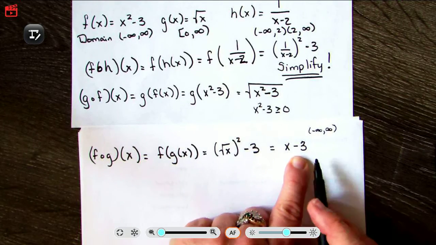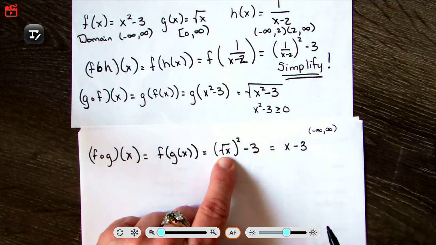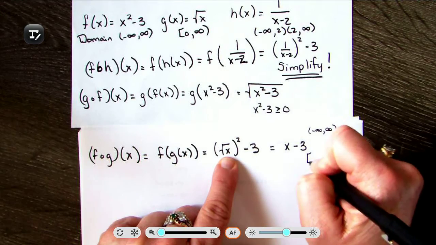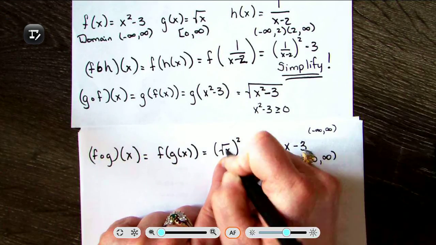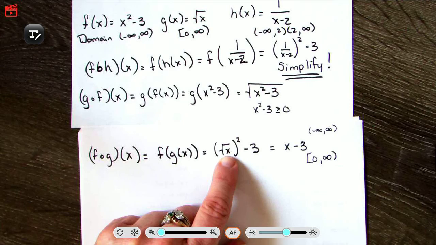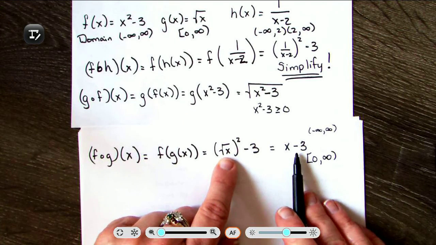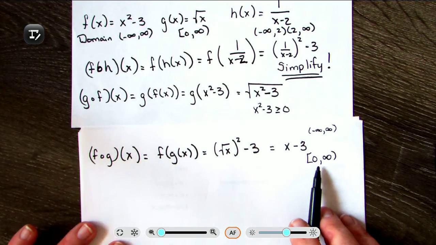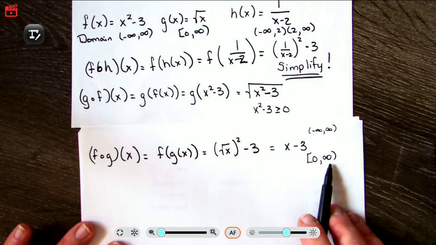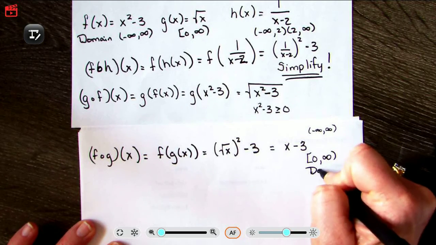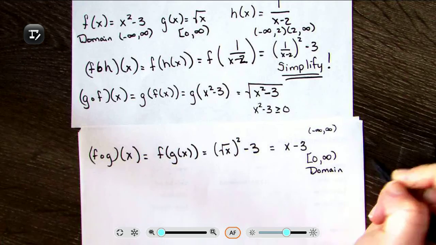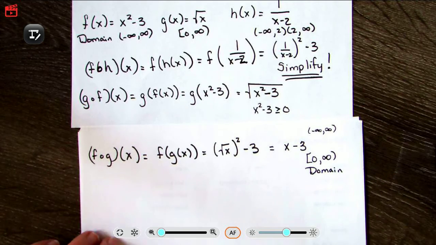However, we have to make sure we could do what we started with, which means we have to make sure that we can take that square root of x first. So this is equal to this, provided we are still in that 0 to infinity domain. And that's where mathematics starts to get a little bit more sophisticated.